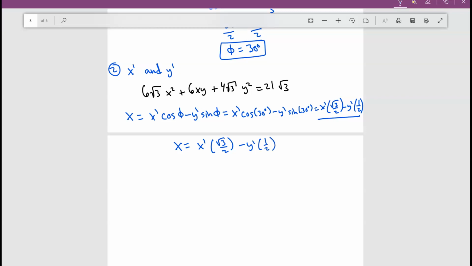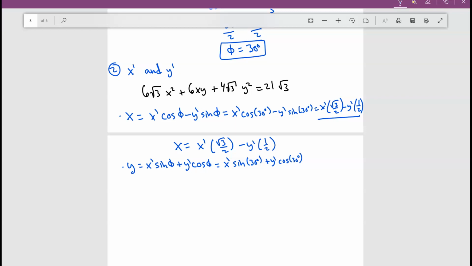And now we want to figure out our y. We know that y is equal to x prime sine phi plus y prime cosine phi. Plugging this in, we have x prime sine of 30 degrees plus y prime cosine of 30 degrees.